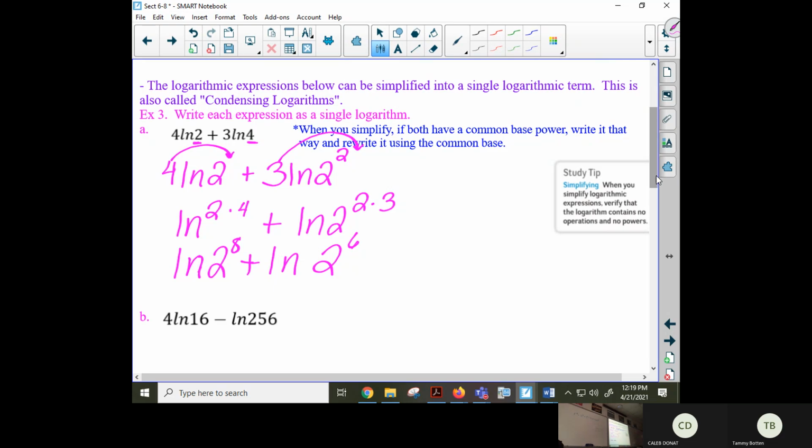Now what you do is you try to put them together and get rid of that plus. And to get rid of that plus, we do what again?